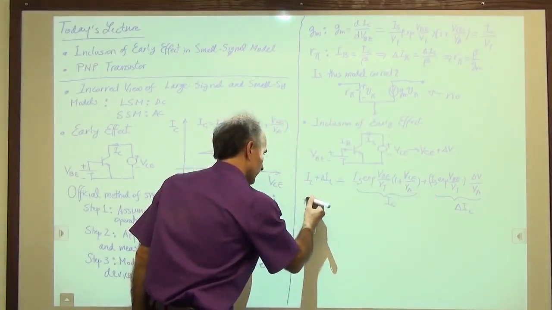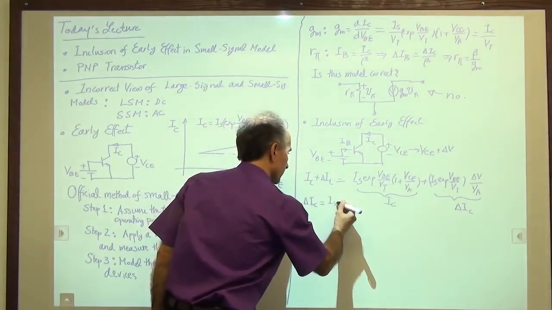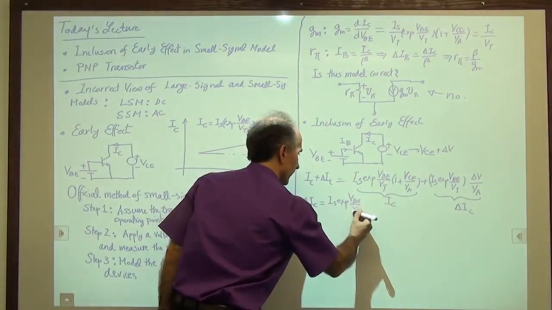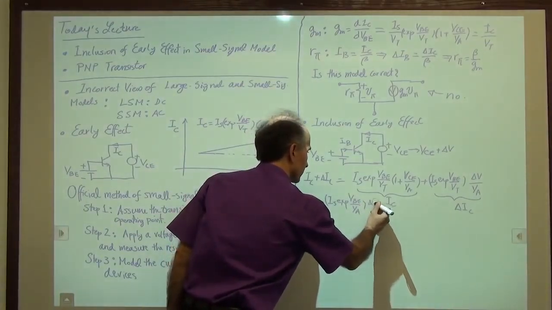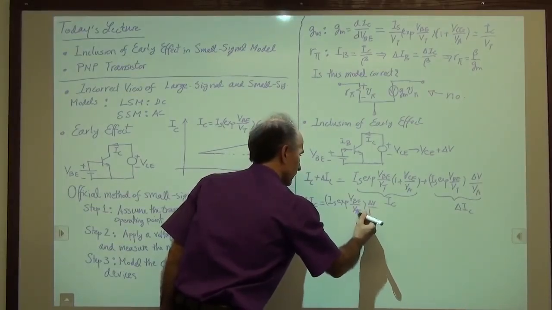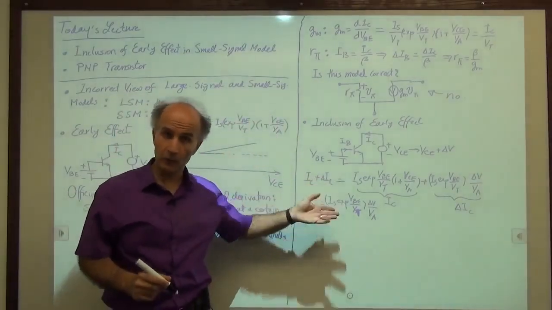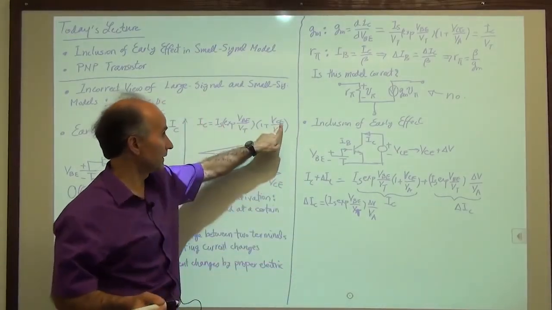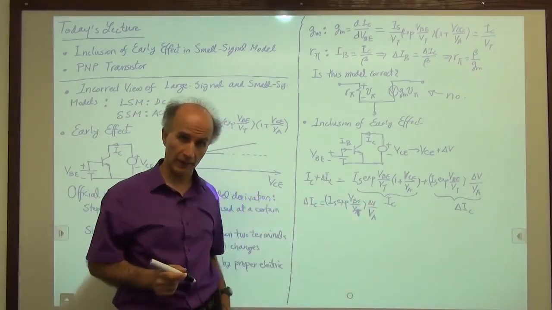So then we can just say delta IC is equal to IS exp of VBE over VT, divided by VA, times delta V. Now we didn't have to do it this way. We could also simply take the derivative. We could take the derivative of IC with respect to VCE, and we would end up with the same equation. Delta IC over delta V would be all of this.